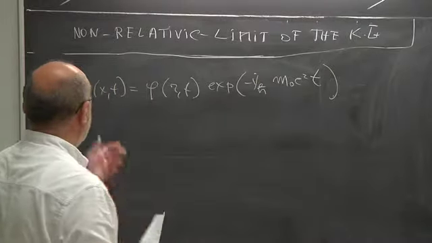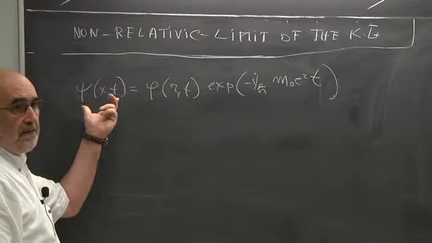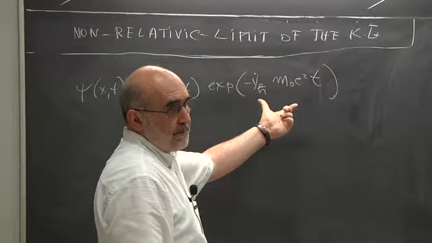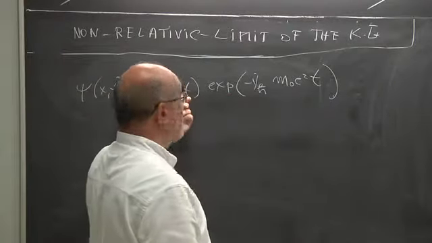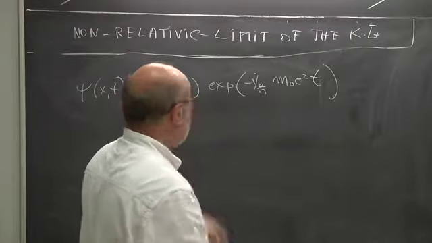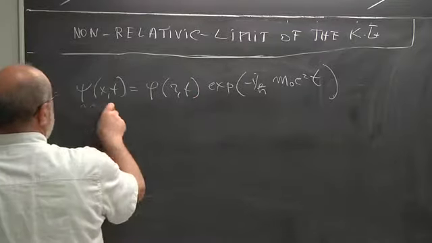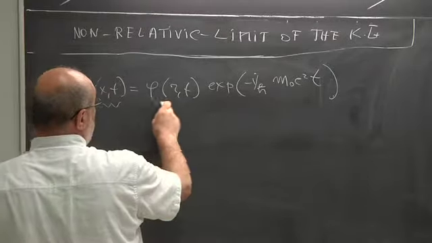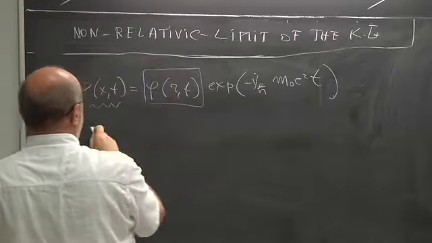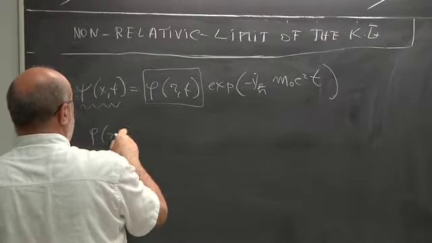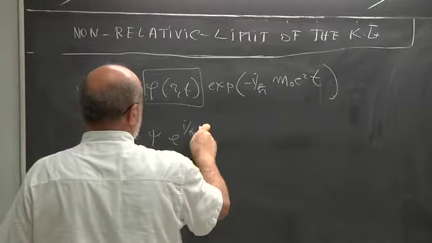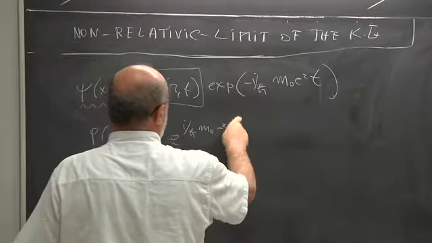That means I have taken out a phase, this is a complex number. This is the definition of phi, given a generic psi. Phi of r and t is nothing else than psi times exponential of i over h-bar m0 c squared t.